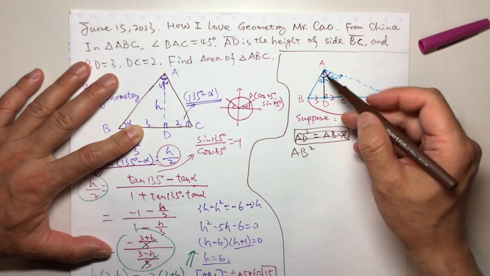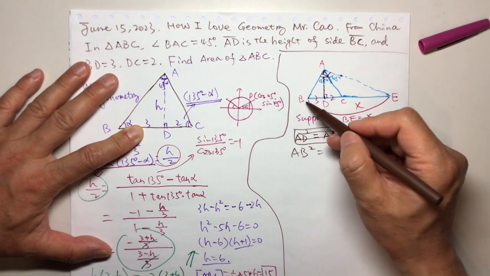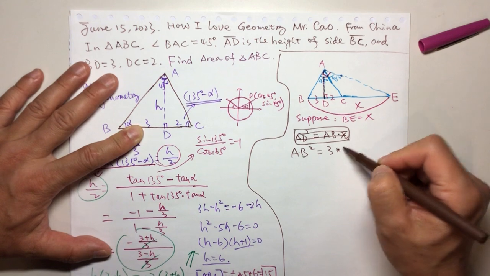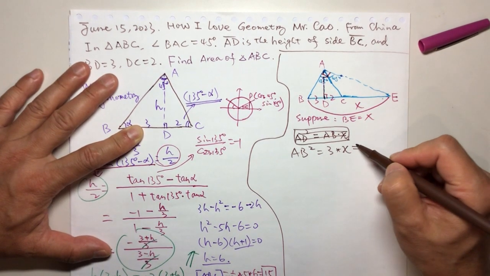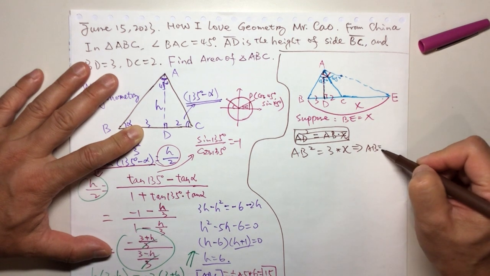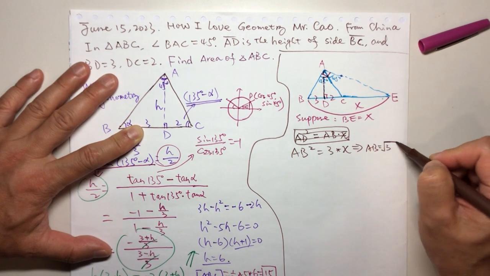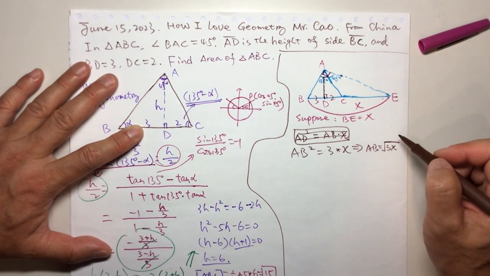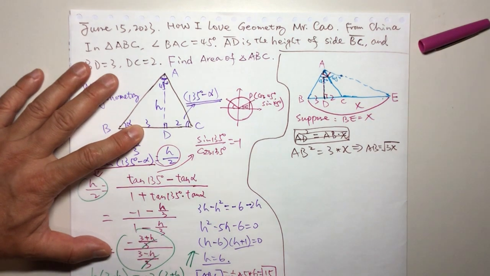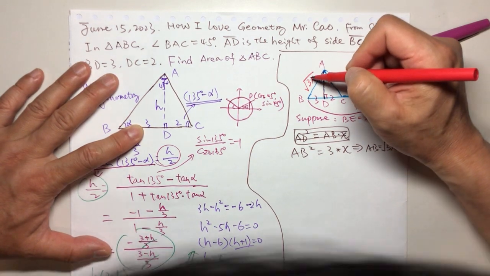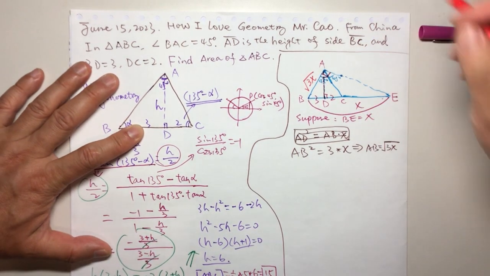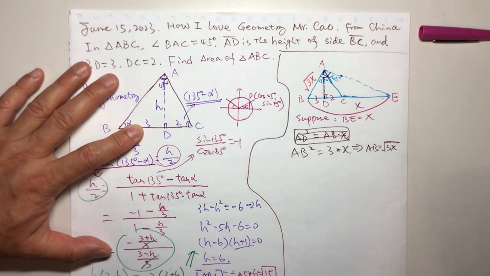AB squared equals BD, which is 3, times BE, which is x. So we got AB equals the square root of 3x. That's for AB.